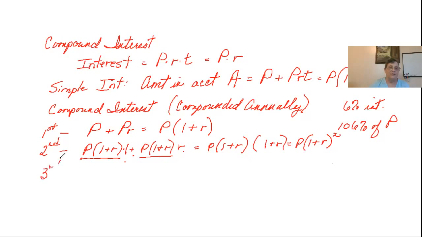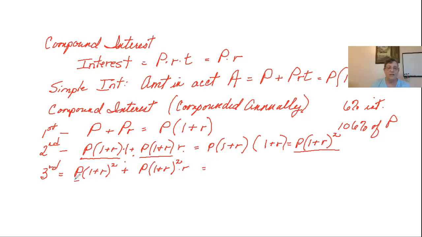At the end of the third year, your new principal is now this. So here's your principal, P times 1 plus R squared. And to that, you're going to add your new interest, which is your principal, P times 1 plus R squared, times your interest rate.